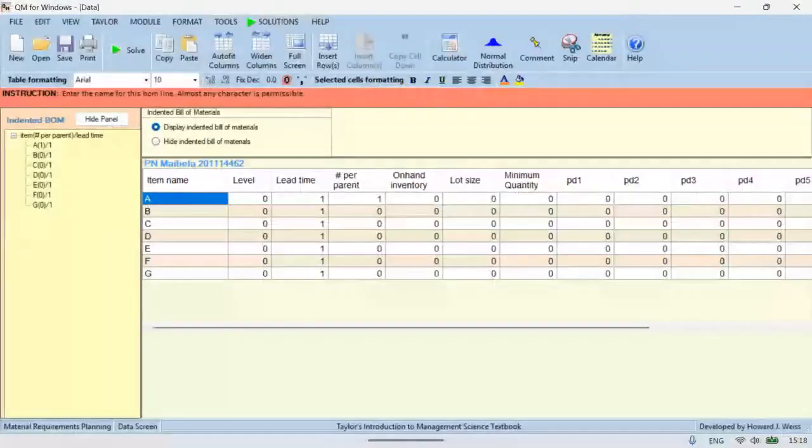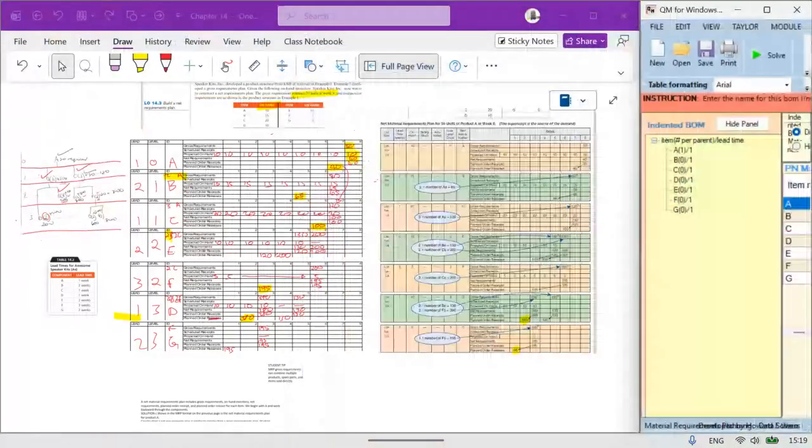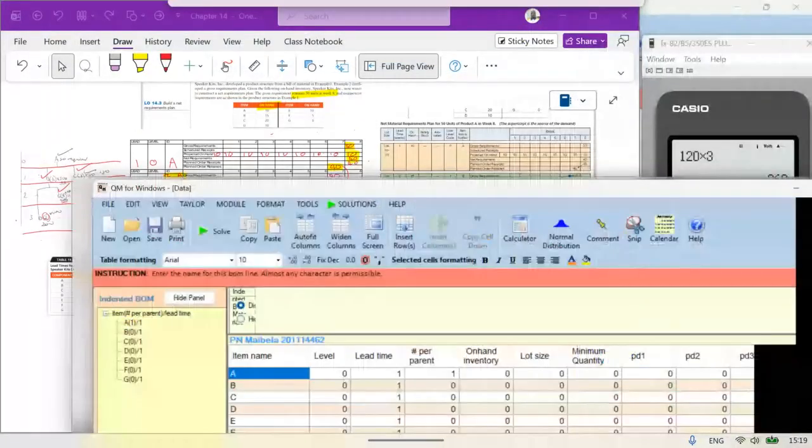So we have a product structure on the side. Something very critical about the software is it doesn't know how to do the low level coding, if not mistaken. For the longest time, it always gave me an issue because of that. The software can't do low level coding.